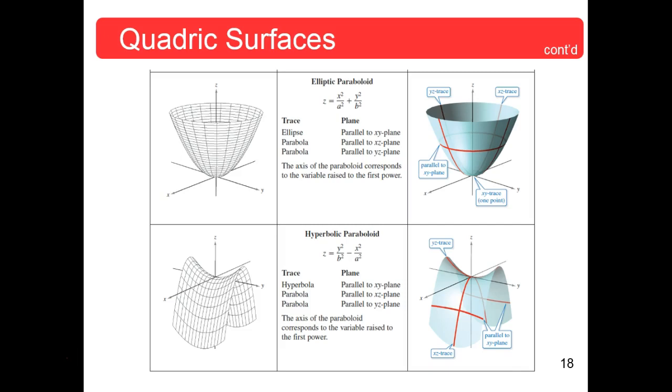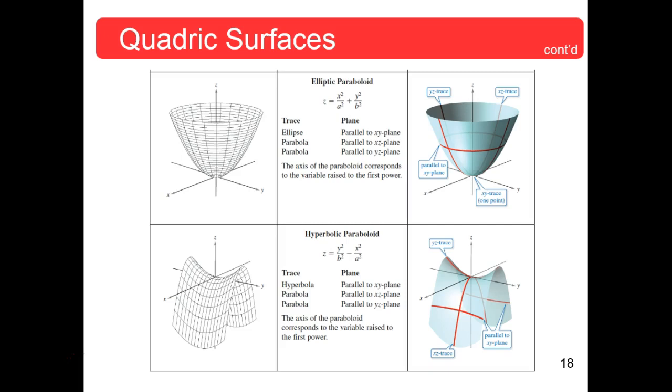And then when z is any constant other than 0, then these are hyperbolic. When y is greater than x, these are like that. And then, I may be saying it wrong. When z is positive, meaning y is greater than x, or y over b is greater than x over a, your hyperbolas are like this.